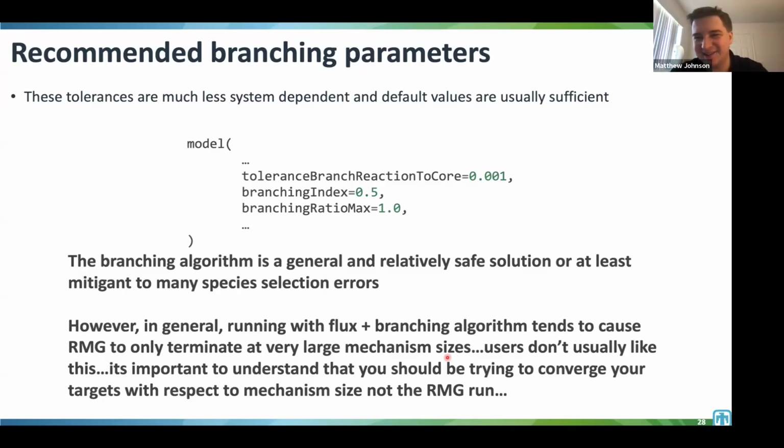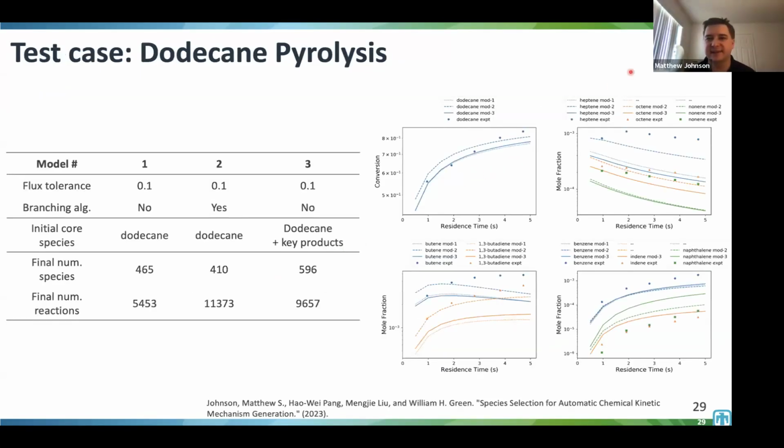And so in that angle, that's an important way to look at your RMG run: you don't necessarily need to complete your RMG run. You just need to converge it with respect to what you want to predict. And here you can see in this test with dodecane pyrolysis, model 2 here uses the branching algorithm, and models 1 and 3 are a couple of different variants of the RMG run.